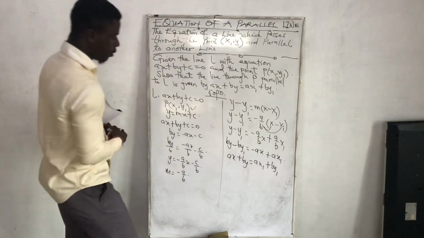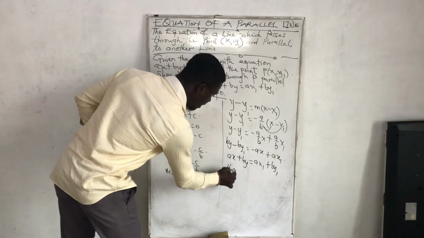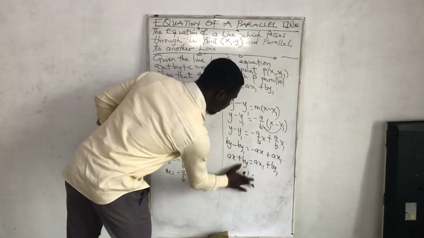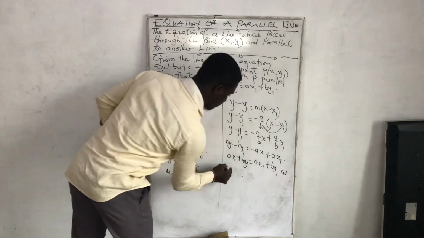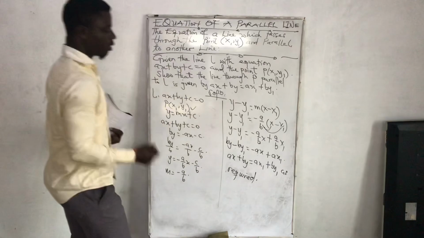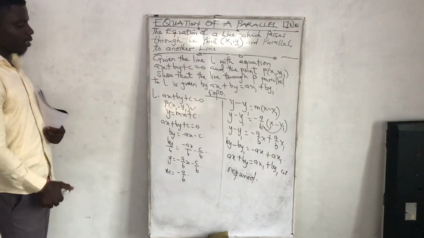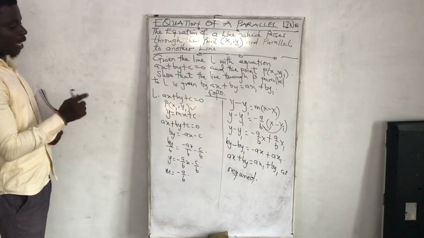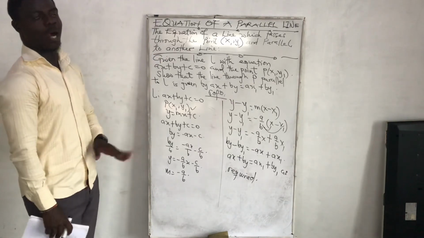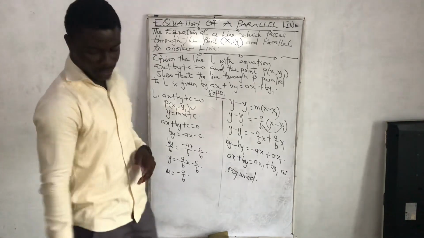Now when we are done, then write as required, because he said you should show that. So when you are done, you write ax plus by equals ax1 plus by1 as required. So we are done. So kindly watch it carefully.